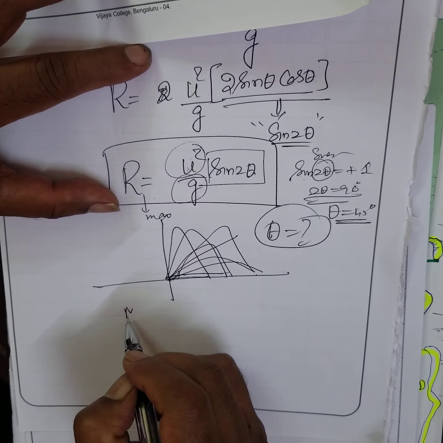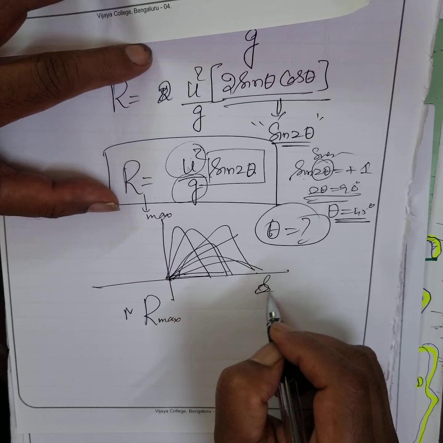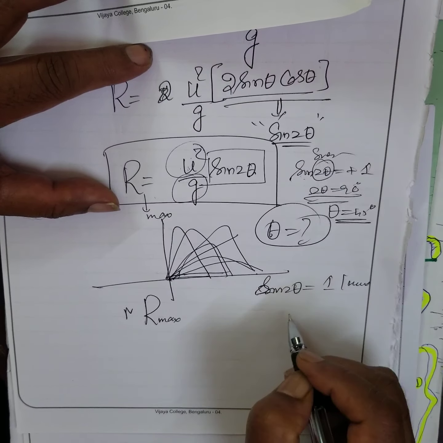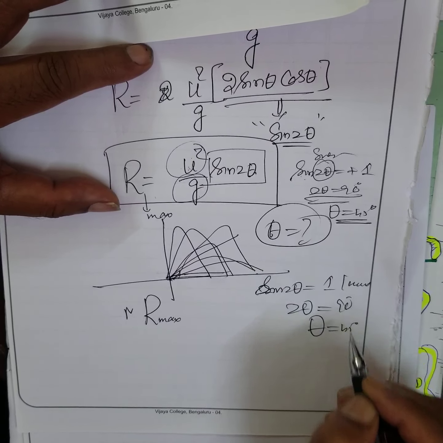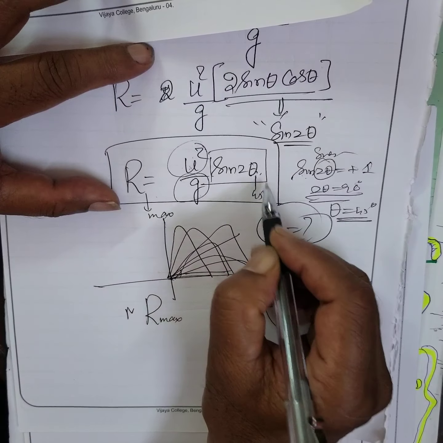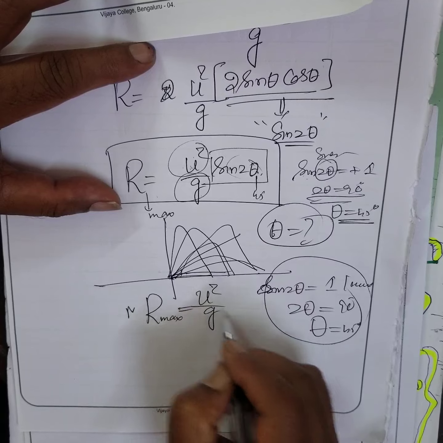Therefore, for R maximum, sin 2 theta should be 1. That is called maximum value. 2 theta should be 90 degree, or theta should be 45 degree. Therefore, if theta is equal to 45 degree, this becomes 1. Therefore, R maximum is u square by g.